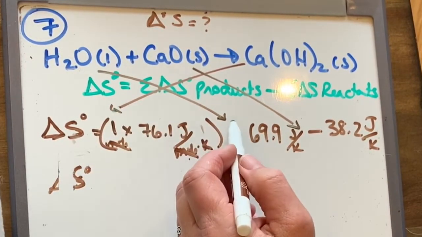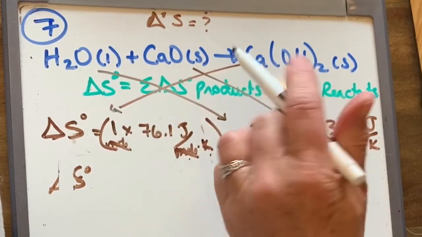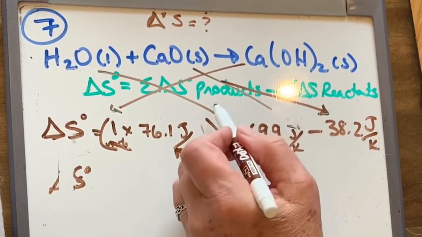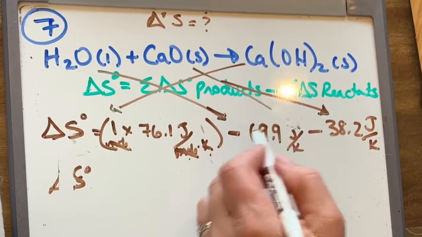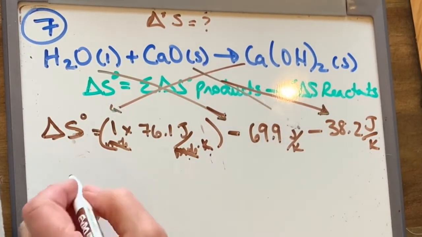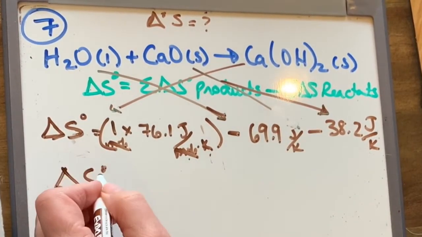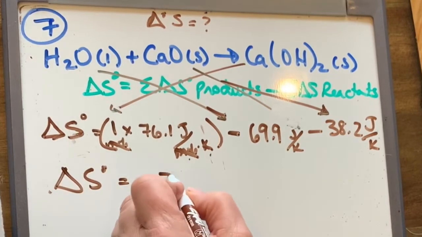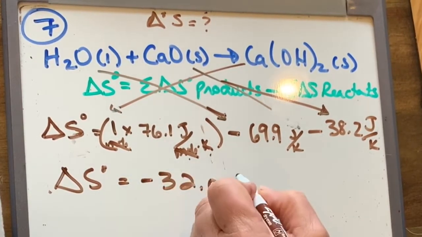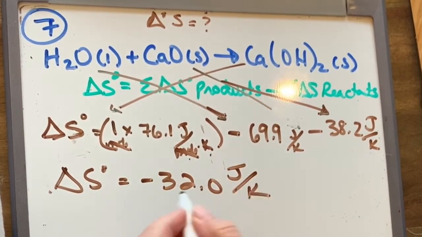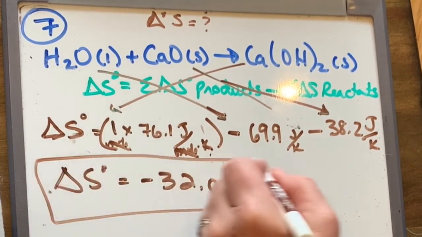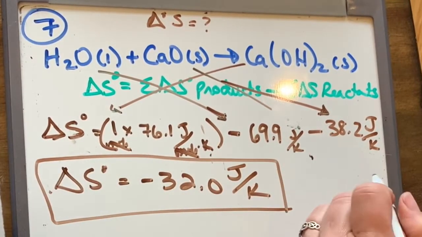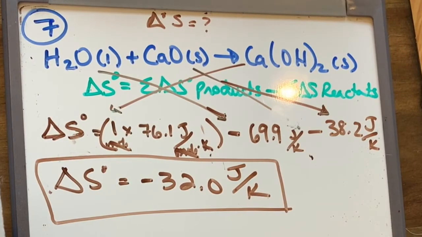So our H2O is here, and our CaO is really here. And we're subtracting both of those. So our delta S becomes minus 32.0 joules over Kelvin. And that's it. Now remember, you had to use a different chart for this, so you had to keep track of your charts.